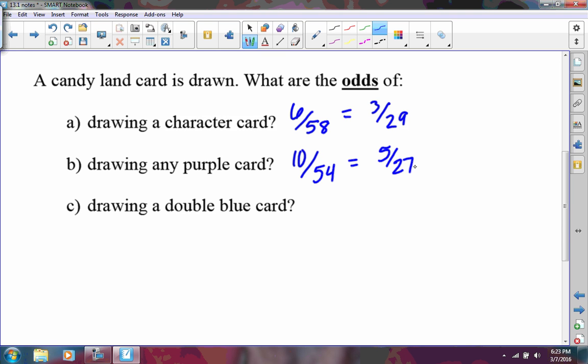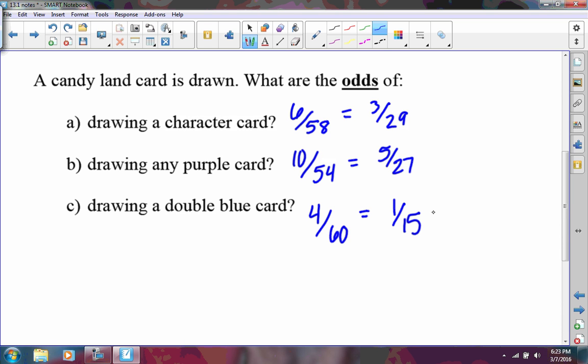And then the odds of drawing a double blue card. Again, you'd have to go through and you'd have to count, and there are 4 double blues. And if there's 64 altogether, that means there's 60 other cards that we don't want. So that's a 1 to 15 odds. So the odds in favor of drawing that double blue card are 1 out of 15.